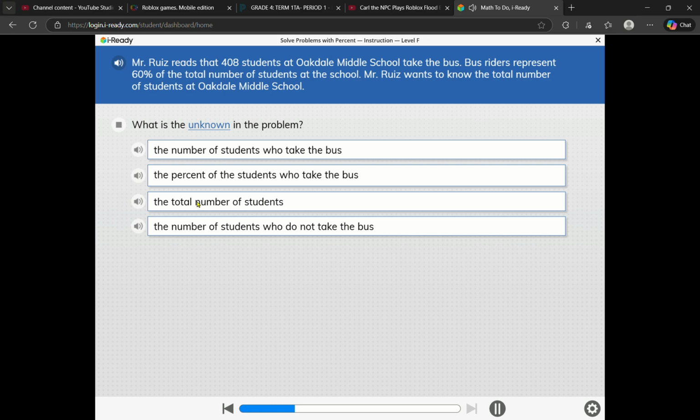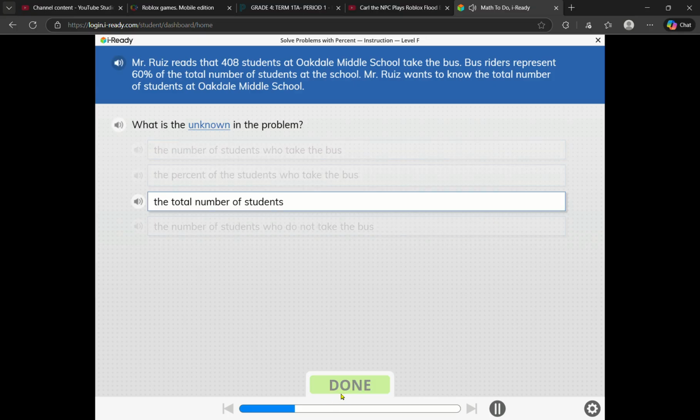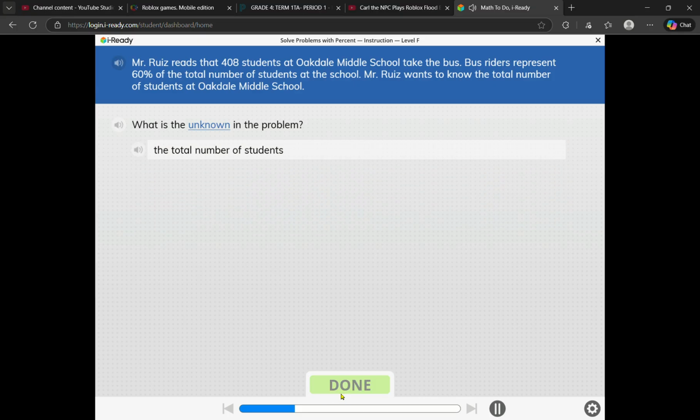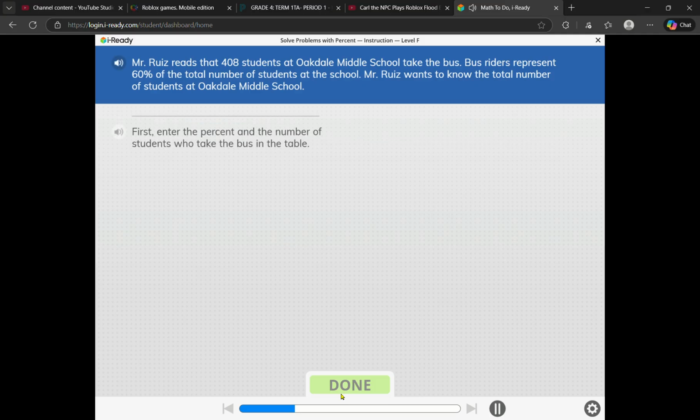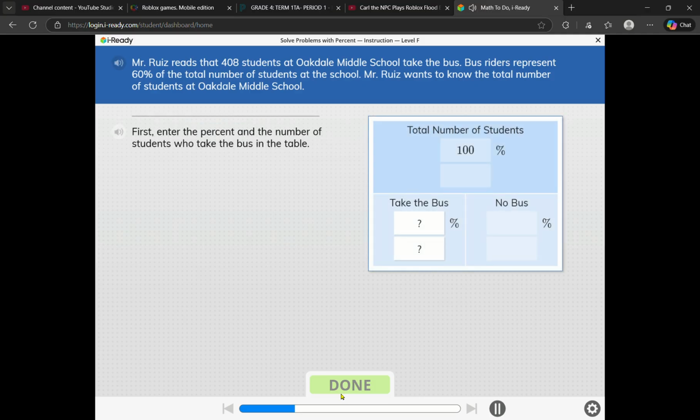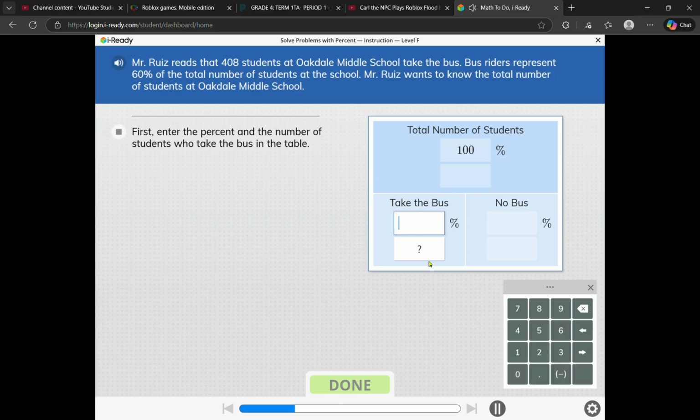What is the unknown in the problem? The total number of students is 100%. Let's find the number of students that represents 100%. First, enter the percent and the number of students who take the bus in the table.